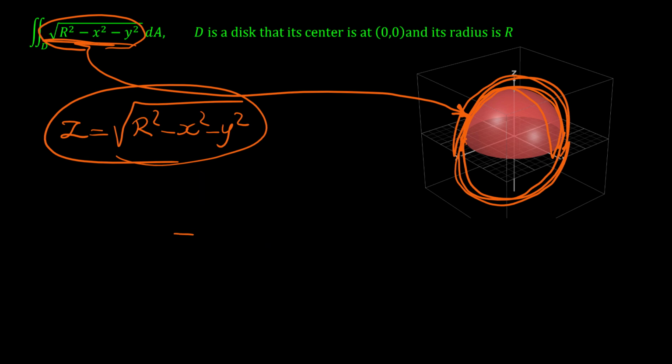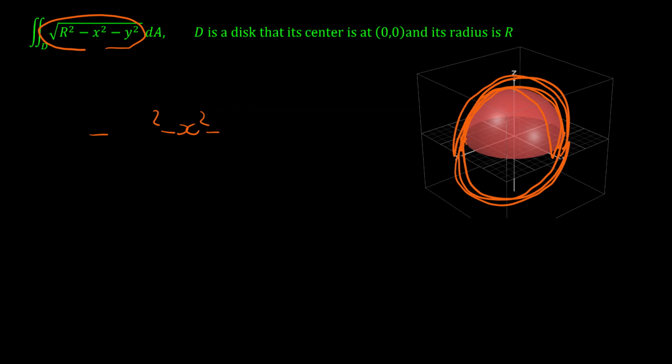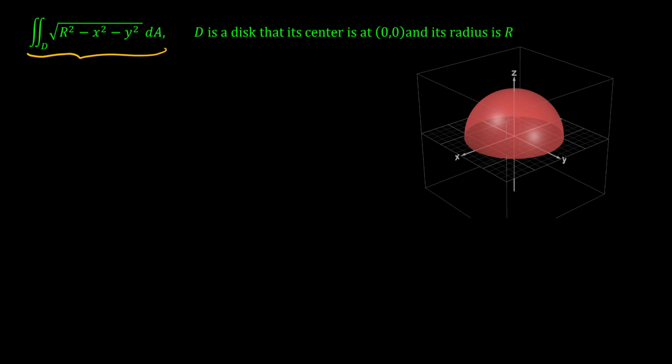So basically here we want to find the volume. What is the interpretation for this double integral? The interpretation of a double integral is the volume under the surface, but this surface is half of a sphere. So this is the volume under this surface, z equals radical r to the 2 minus x to the 2 minus y to the 2.